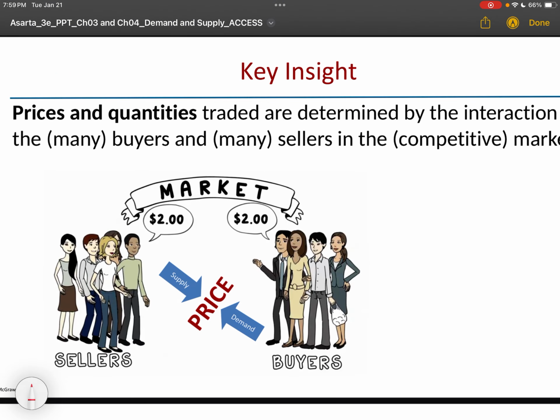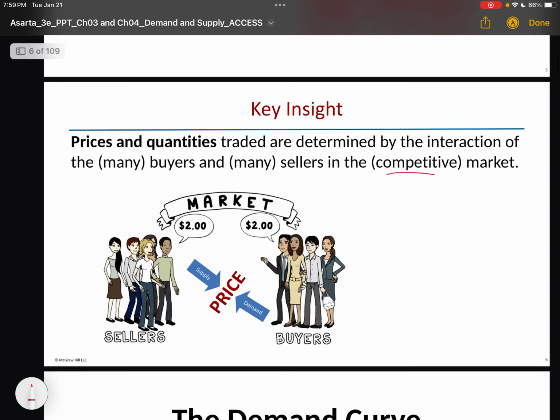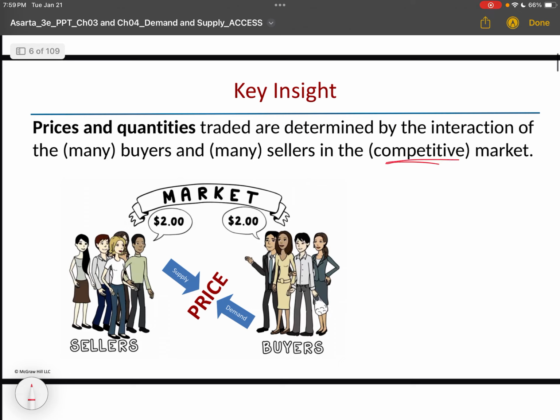Prices and quantities traded are determined by the interactions of the many buyers that form the demand and the many sellers that form the supply in a competitive market. Right, so that's the key takeaway from the slides we have worked on so far. And what is the key takeaway here?